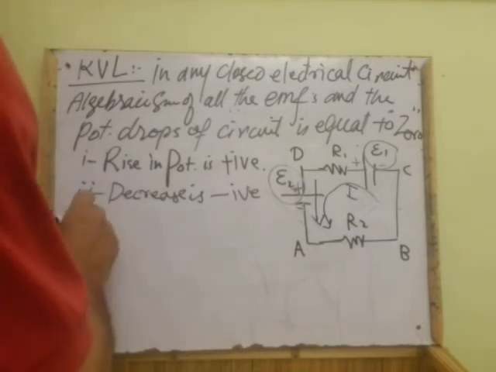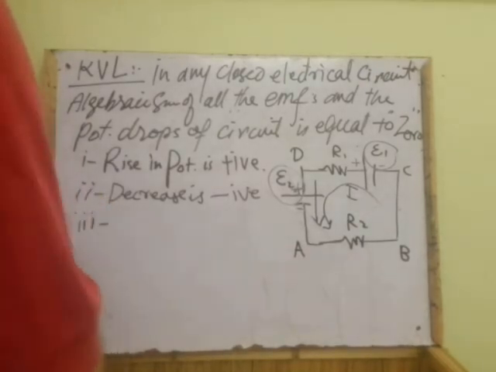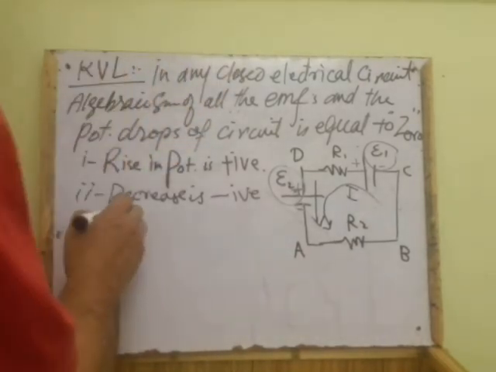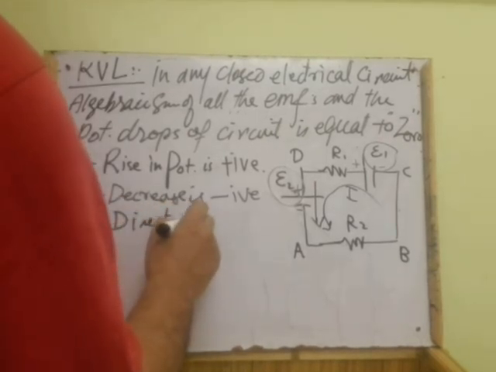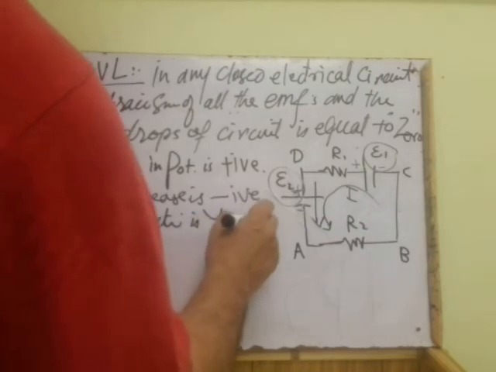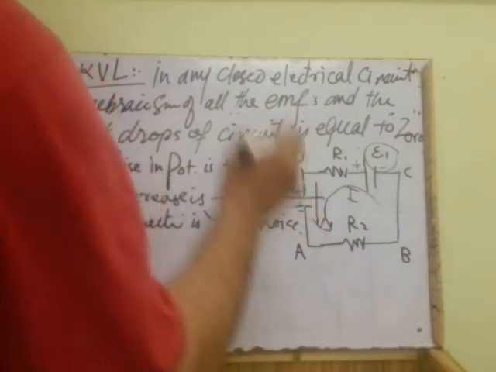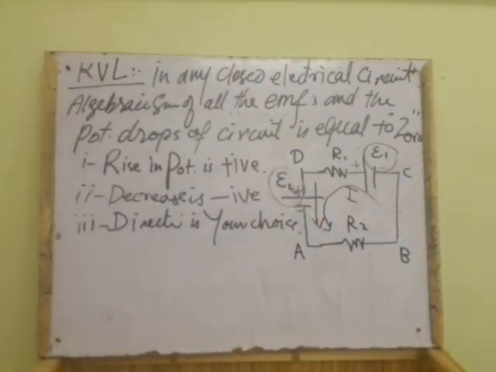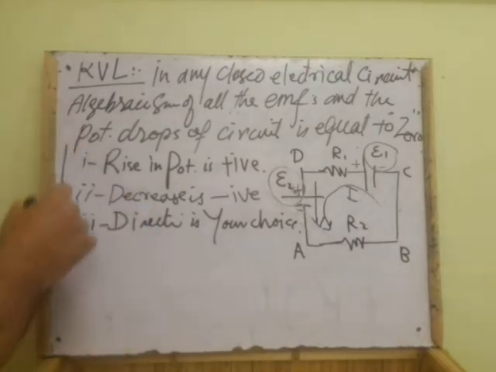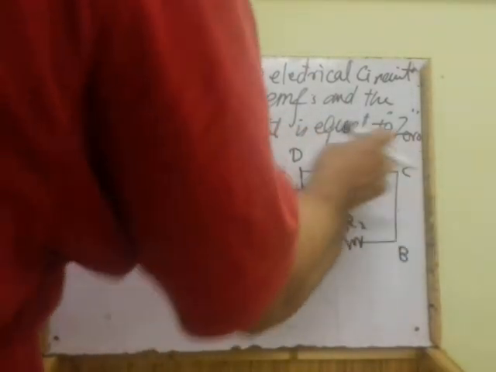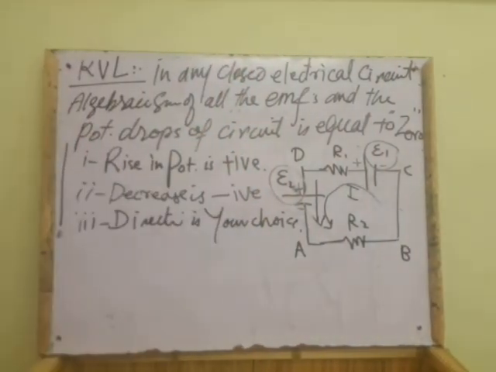So, third important point is that the direction of the current is your choice. You can take it clockwise or anti-clockwise. So, having all these points in mind, I can write this equation like here.